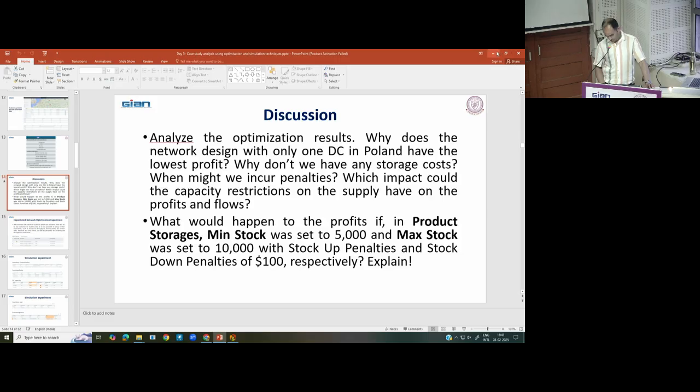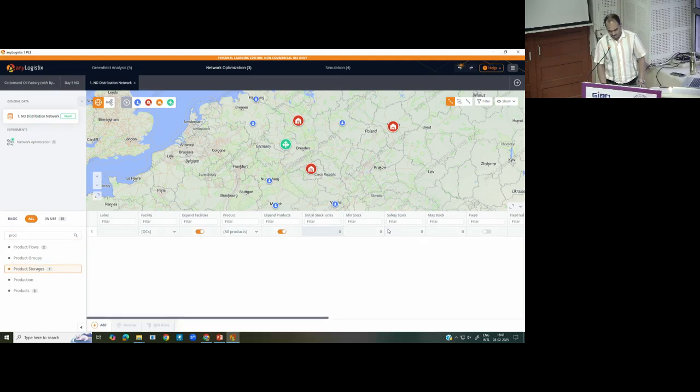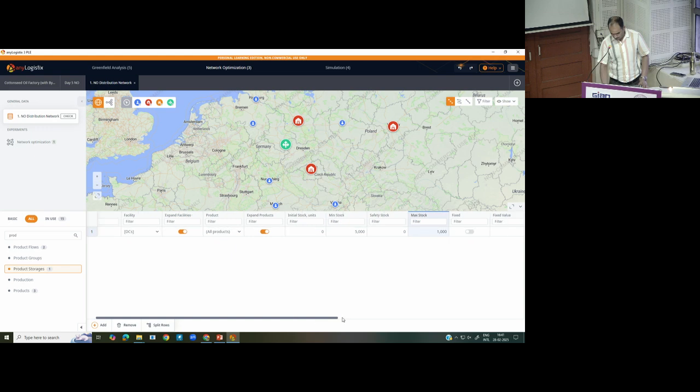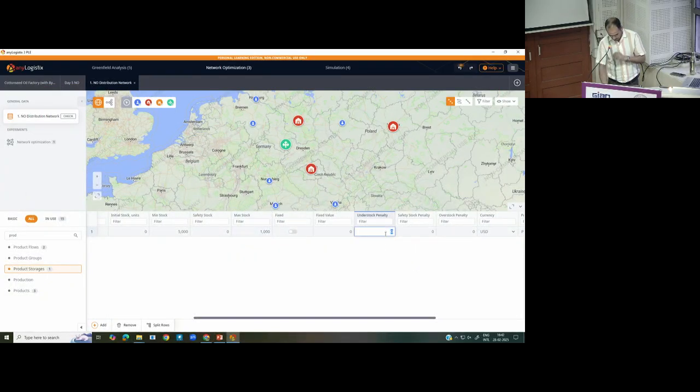I am restricting some constraints now. Initially I said minimum and maximum 0. I am saying 5,000 minimum, max stock is 10,000, and the under stock penalty is 100 USD and overstock penalty is 100. Let me check if it makes any difference.